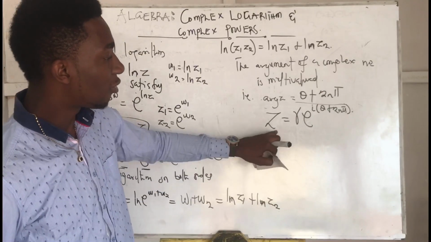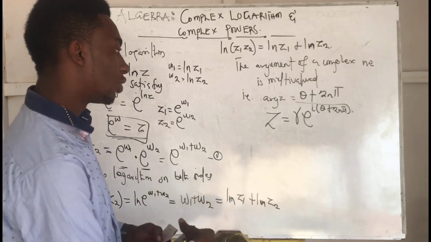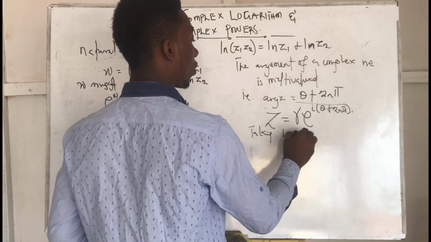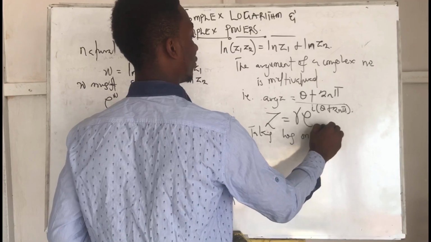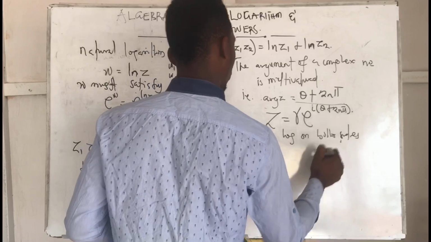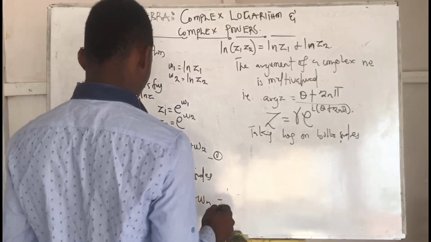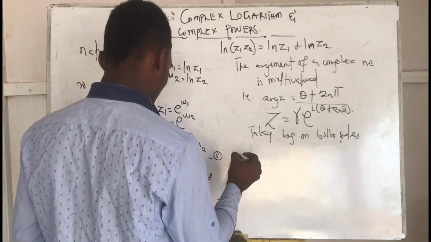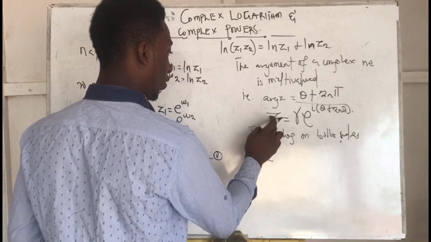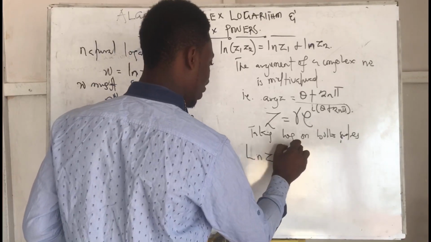Now, if you have the complex number in this way and want to take log on both sides of this equation, what do we get here? We can say our log of the complex number z is equal to what?